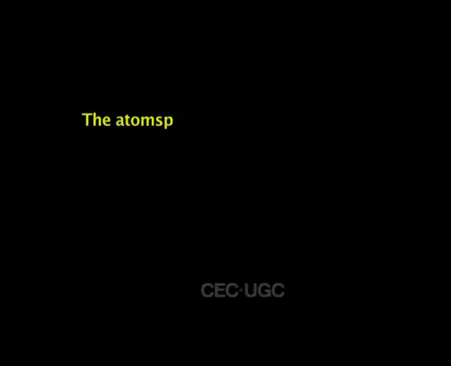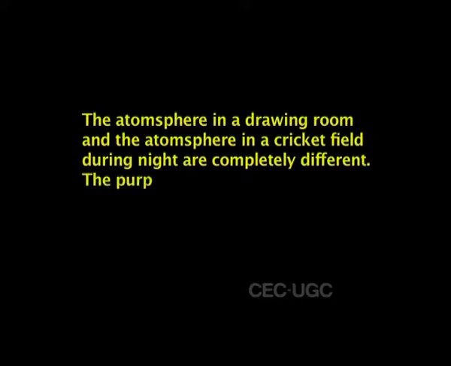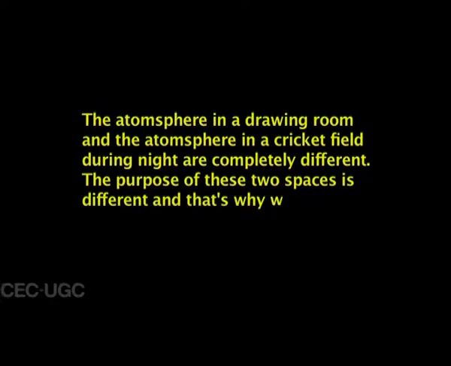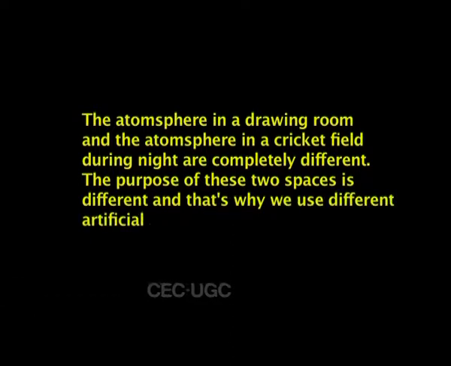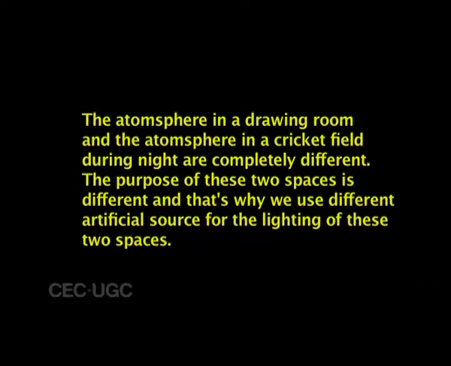The atmosphere in a drawing room and the atmosphere in a cricket field during night are completely different. The purpose of these two spaces is different, and that is why we use different artificial sources for the lighting of these two spaces.